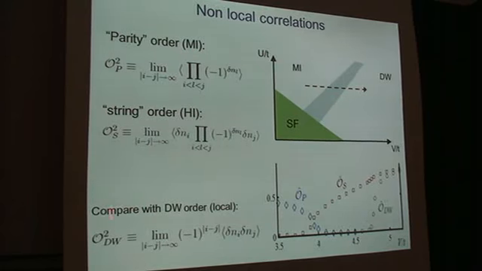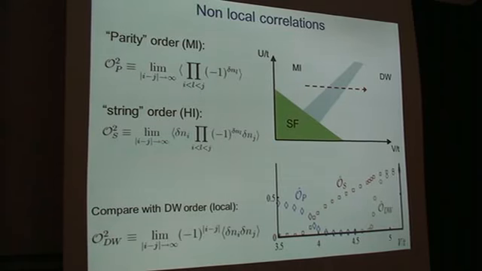The first thing to look at is this correlation down here, which is just the charge density wave correlation, the staggered part of the density correlation function. And you see that the density correlation function at long distances is essentially 0 until you reach the charge density wave, where the second transition occurred, and the density wave correlation goes up.